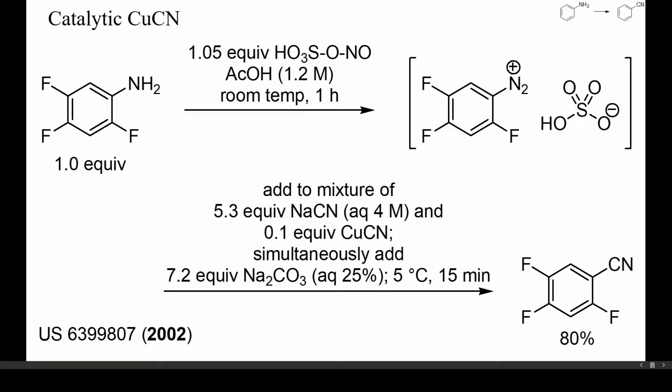This inexpensive reagent has the advantage of not generating any alkali metal waste. The diazonium solution was then added slowly to a concentrated aqueous solution of sodium cyanide containing only 10% of copper cyanide. Aqueous sodium carbonate was added simultaneously to prevent acidification of the reaction mixture. The target benzonitrile was obtained in 80% yield and only relatively little waste was generated if compared to the previous examples.